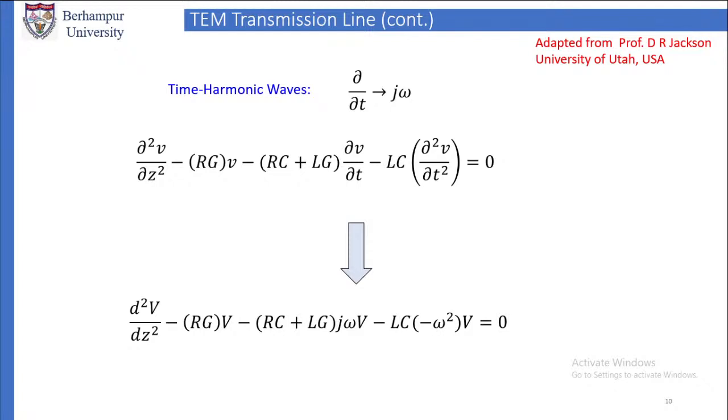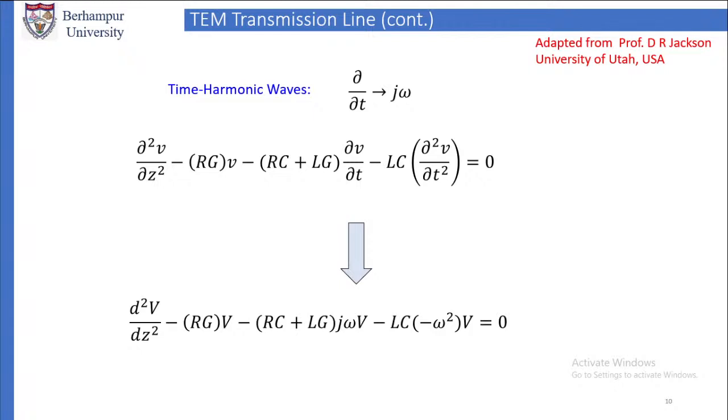And remember that this equation has no exact solution, so otherwise we have to do some assumptions. Under assumptions we can find some solutions for this. One assumption is the signal is time harmonic in nature.